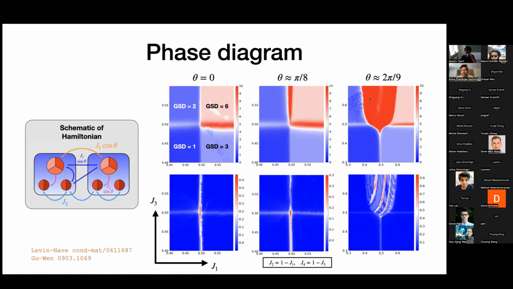But yeah, that gapless region shows up on the J1 equals J2 line, which is where the Kramers-Wannier transformation becomes a symmetry. So this is a Kramers-Wannier symmetric gapless phase. Even though this symmetry is not really exact away from this line, in some sense it's like emergent near that line.